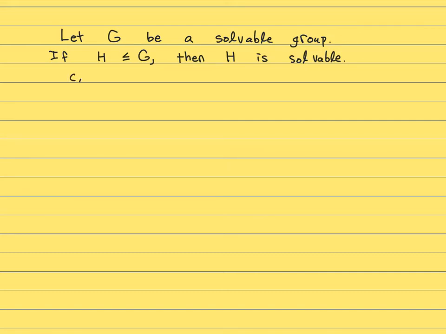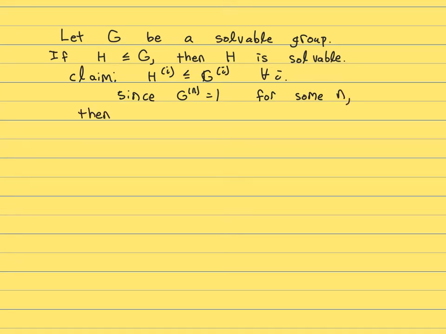So what we're going to claim is that the ith derived subgroup of H is a subgroup of the ith derived subgroup of G. If that's true, then it immediately follows that since G to the n is equal to 1 for some n, because G is a solvable group, then the same is true for H. H is also solvable.